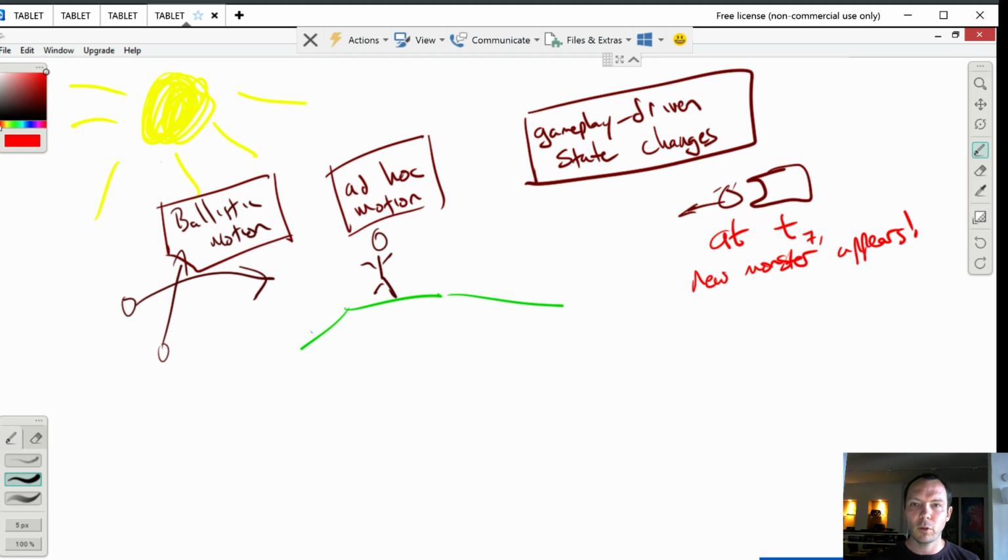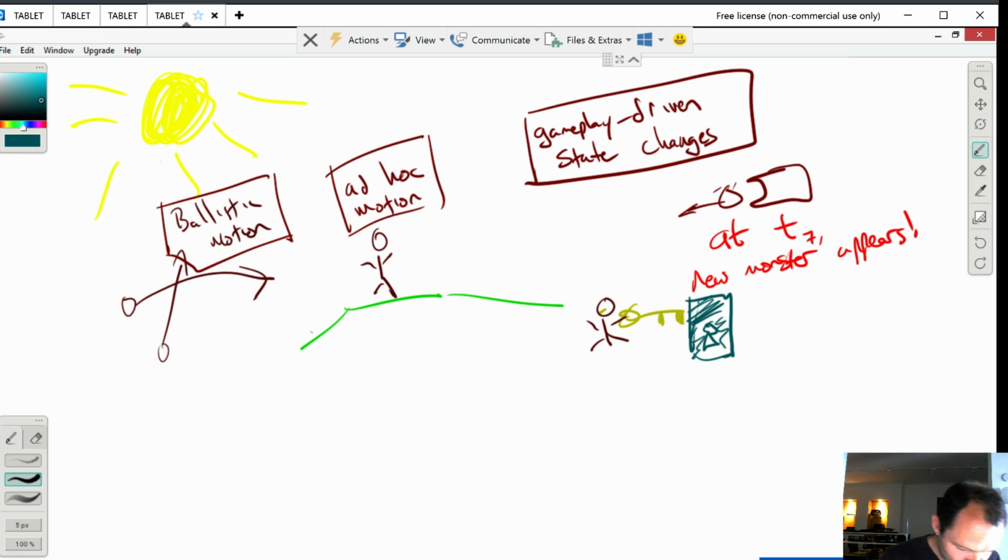Or another example of this is something like, we've got a key being held by someone, and there's a gate that's locked, and just to make it crazy, we're going to put a monster on the gate.